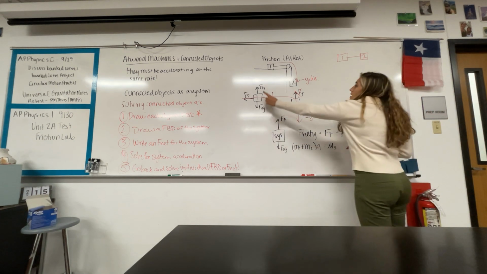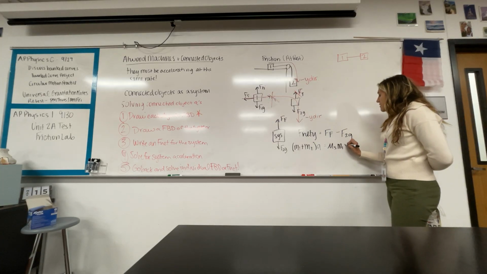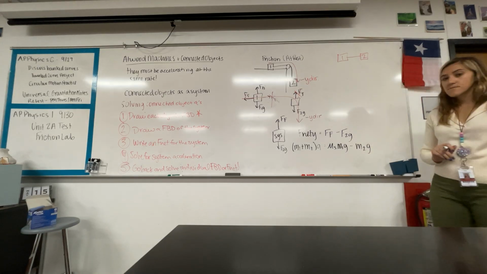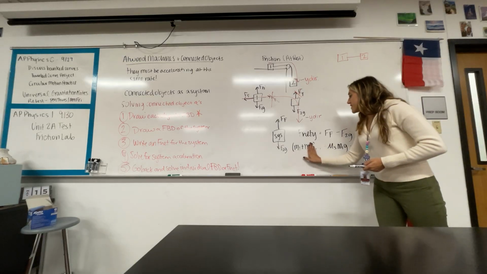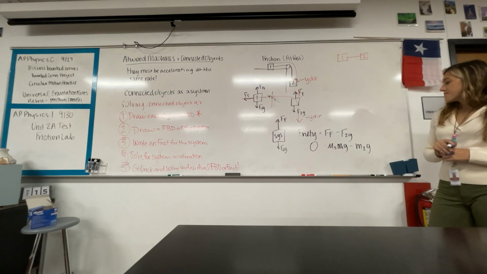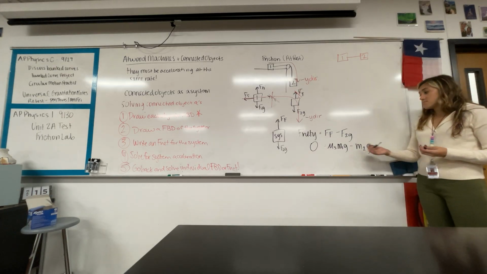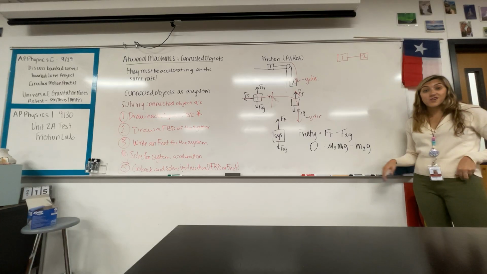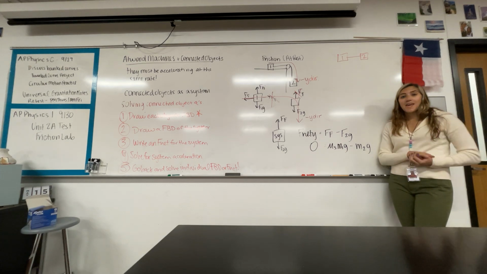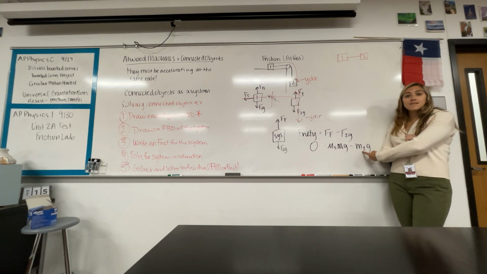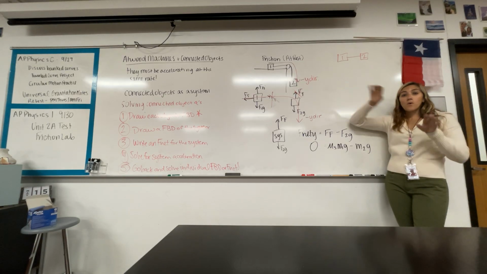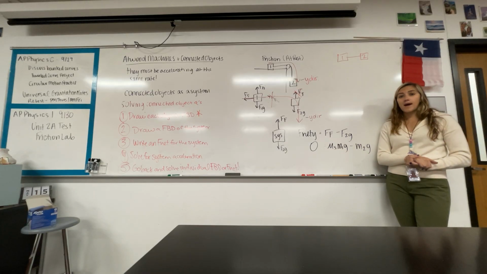Fn, so that's M1G minus M2G. If I say it's at rest, then this side of the equation actually equals 0. And I could solve for maybe the coefficient of static friction. Maybe that's what the question's asking. I could say that the coefficient of static friction is this, and maybe it's asking for what's the maximum mass that M2 can be where it won't pull it over the edge? That could be a question I'm asked.